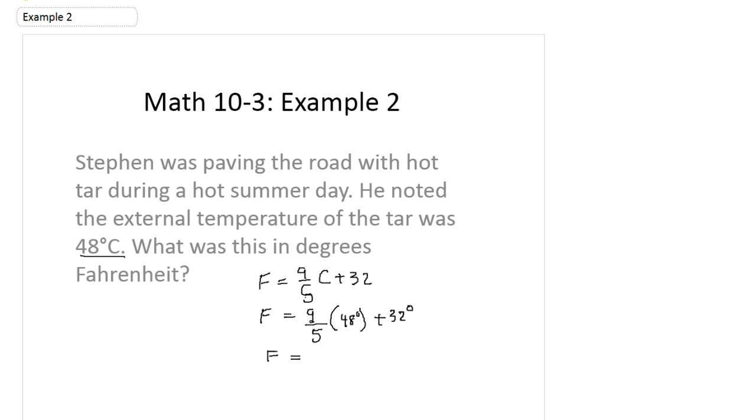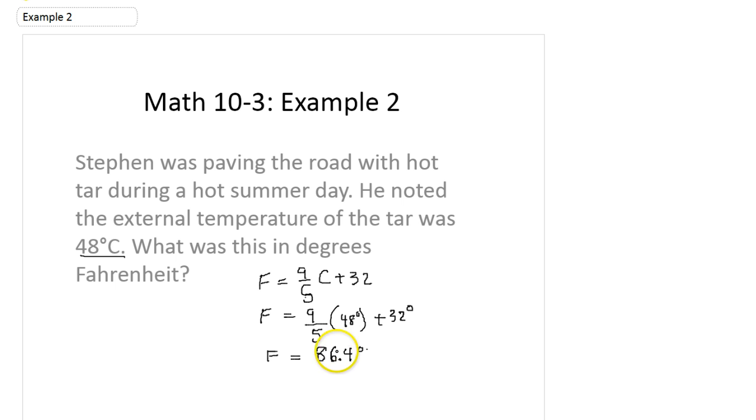So 48 degrees Celsius. We don't care in terms of where it sits on the thermometer itself. We're just asking how many degrees that would be in Fahrenheit. So I take 9 divided by 5, and then multiply it by 48 degrees, and that gives me 86.4 degrees Fahrenheit.